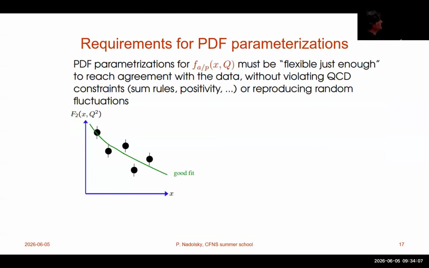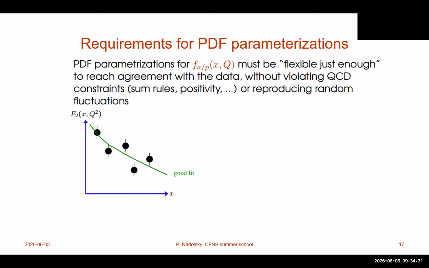Okay, so then let's talk a little bit about the question of flexibility of the PDF. We are solving the inverse problem, and in principle the PDF can wiggle very quickly. So you can have an ultraviolet catastrophe for the PDF parameterization, with very short wavelength contributions, but the PDFs cannot be like that.